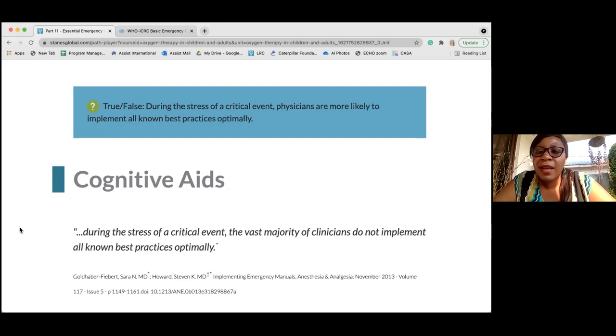But if you have a guideline or a protocol stuck maybe on your notice board, it becomes easier for us to follow. We're more likely as clinicians to implement this if we know what the best practice is for optimal care. Especially for those of us who are running hospitals, it would be a good initiative to print these out, laminate them and stick them on our notice boards so that in the heat of the moment, we only have to look at the notice board and then calculate according to the patient who is before us.